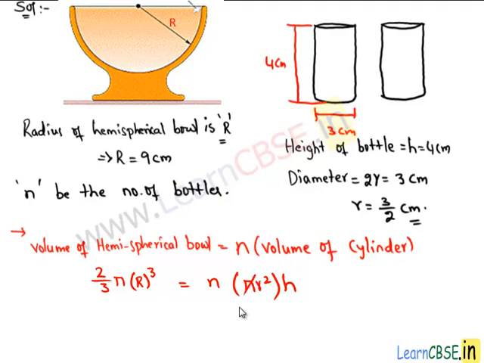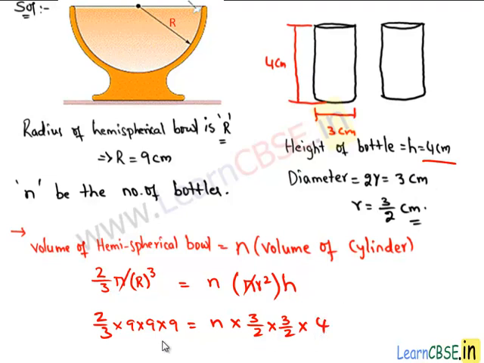Here pi and pi on left hand side and right hand side get cancelled. Then we have 2/3 R cube. R is 9 centimeters. So here we have 9 times 9. Here n is unknown and we know the radius of base circle which is 3/2. Therefore 3/2 times 3/2, and height of each bottle is 4 centimeters.